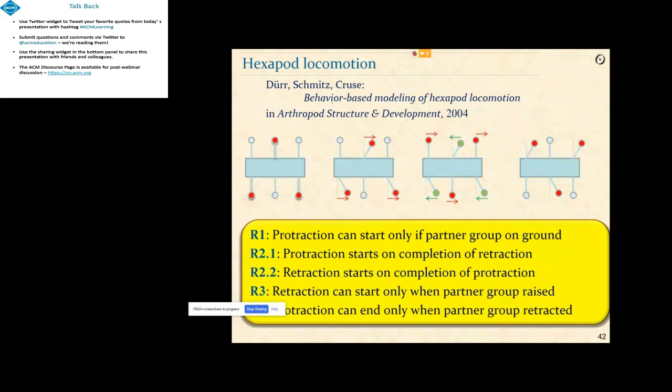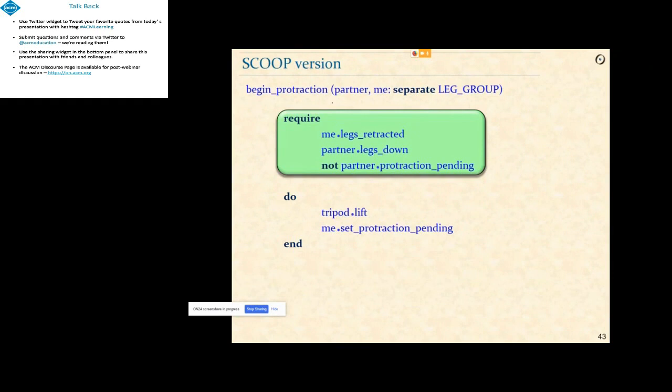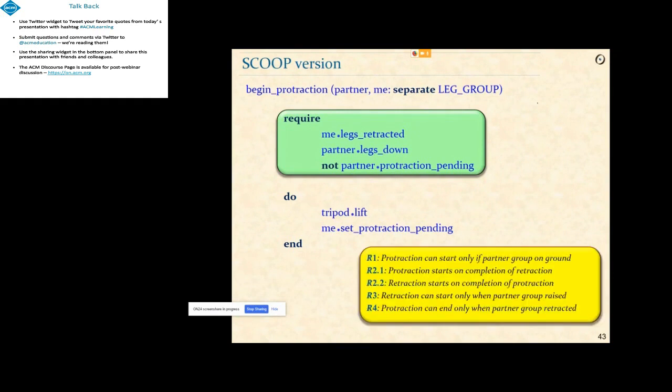So he saw this, and the reaction was, well, this is made for SCOOP, right? So this is the SCOOP implementation, where basically you have these rules. Protraction can start only if partner group is retracted. So my group, dot legs retracted, and so on. These become the wait conditions. And what you saw, the little 5-second demo that I showed, is exactly this program.